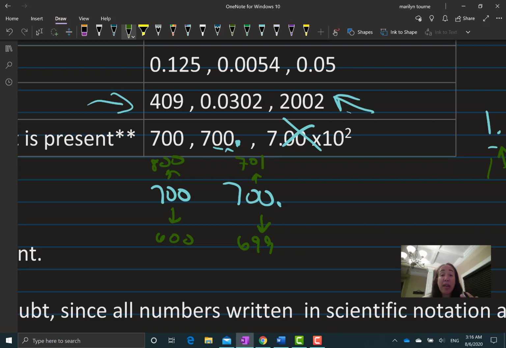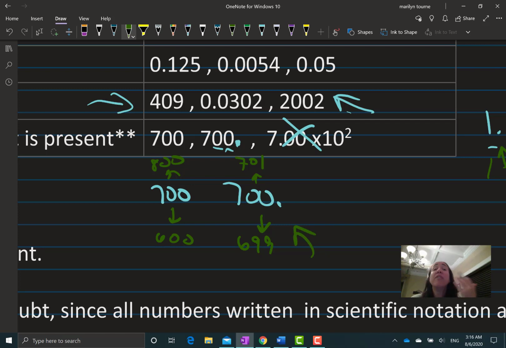You see how the range has now shrunk, magnificently. Now your correct answer can be anywhere in between 701 and 699 versus 800 to 600, which is a better number. This is the better number, right?